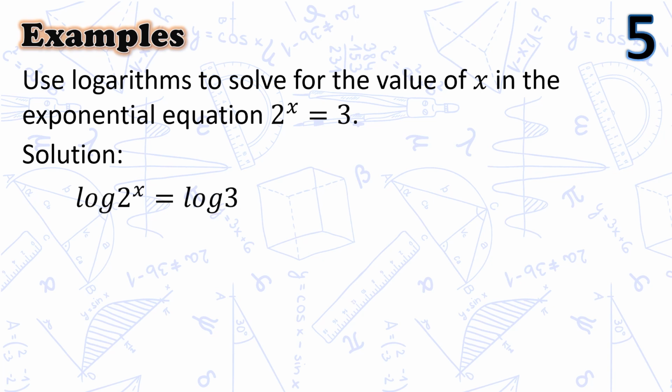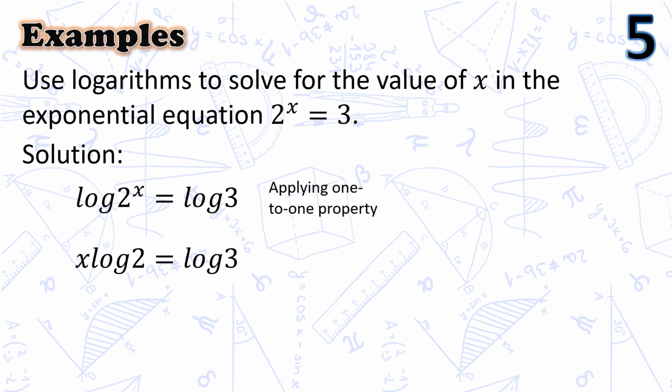By one-to-one property, we can write logarithm of 2 raised to x equals logarithm of 3. Using the power rule, we can get x logarithm of 2 on the left-hand side of the equation equals logarithm of 3.